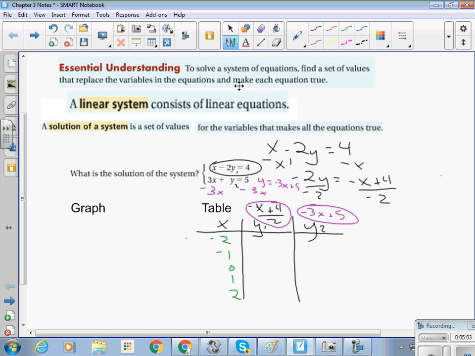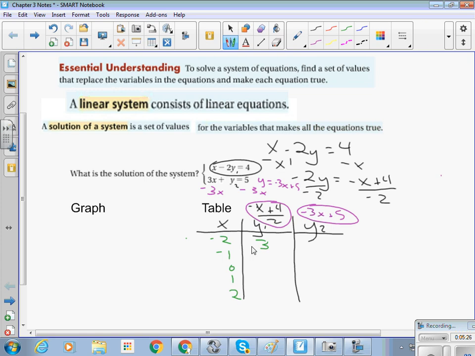Okay, so for my first value here, I'm going to put negative 2 in for x. So minus a negative 2 is plus 2, so it's positive 2. Plus 4 is 6. 6 divided by 2 is 3. Negative 1: minus a negative 1 is positive 1.